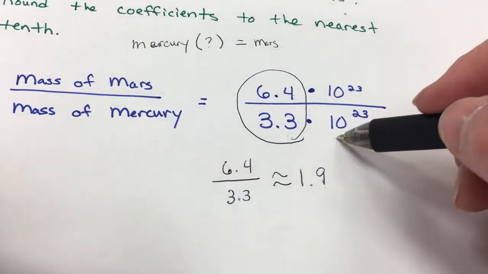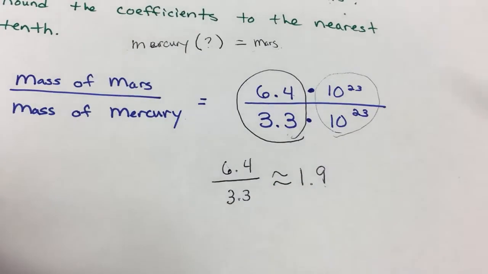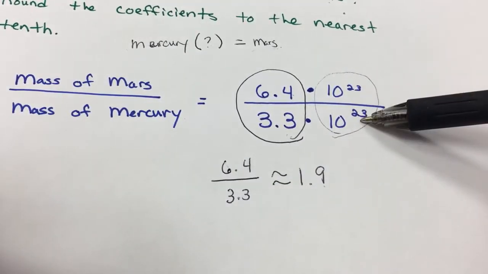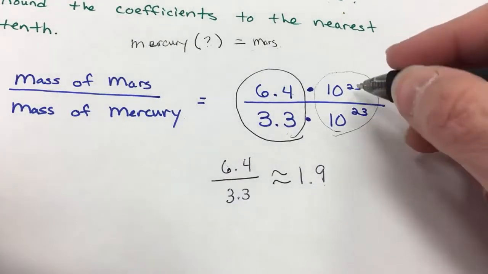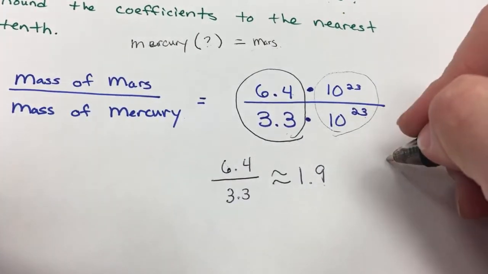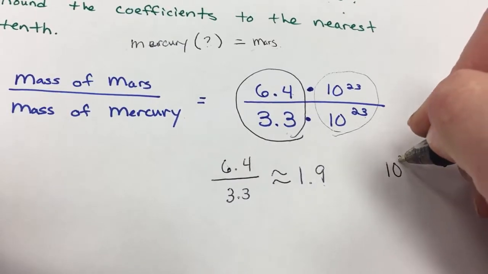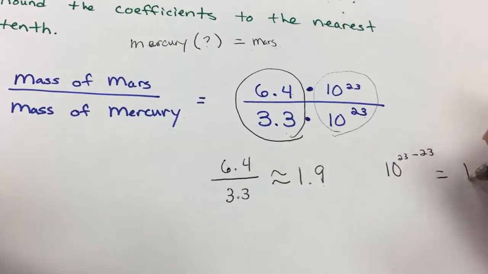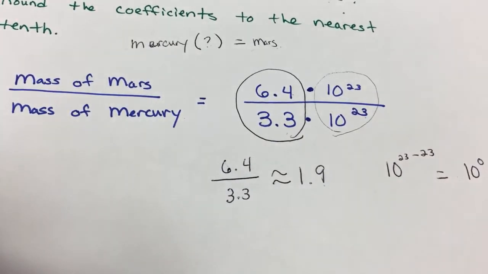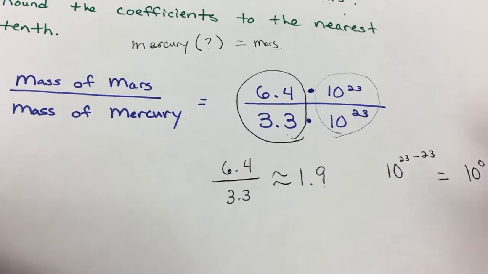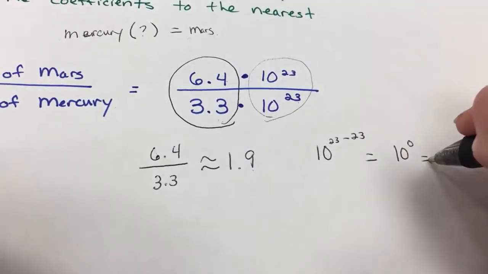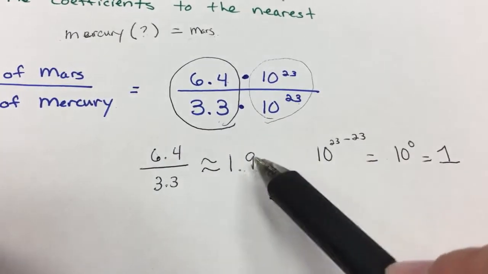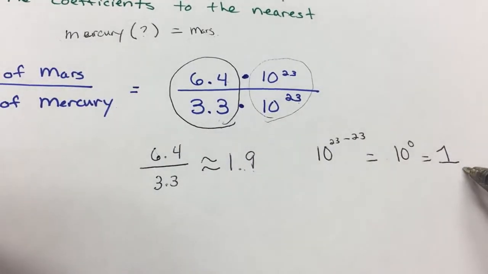Then when I go and I handle this guy, which is what we learned in last chapter, where we subtract our exponents, we get 10 to the 23rd minus 10 to the 23rd. So we have 10 to the 23rd minus 23rd, which is equal to 10 to the 0. And we all know that 10 to the 0 is equal to 1 whole. So this means that the mass is 1.9 times 1.